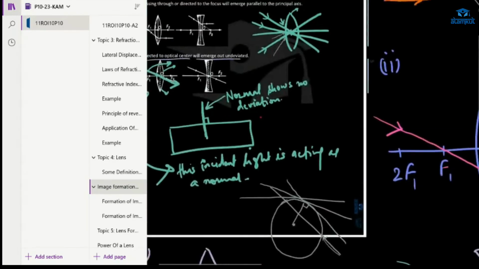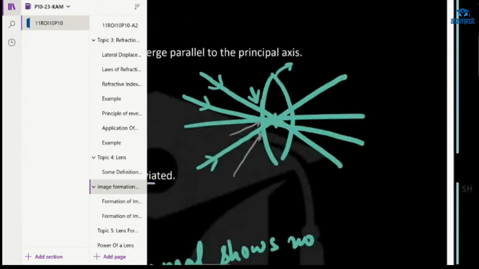This is the same as this mirror. All the lines that are falling on the surface of the, sorry, every time I say mirror to the lens.